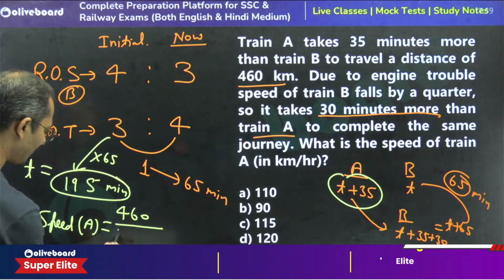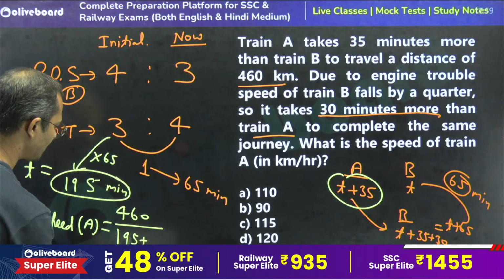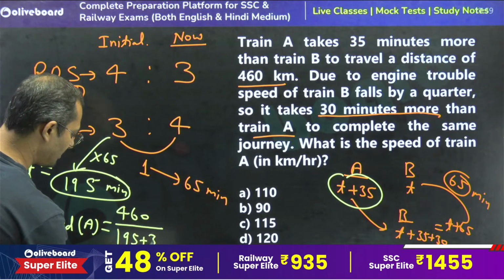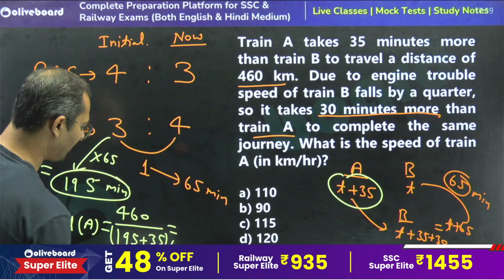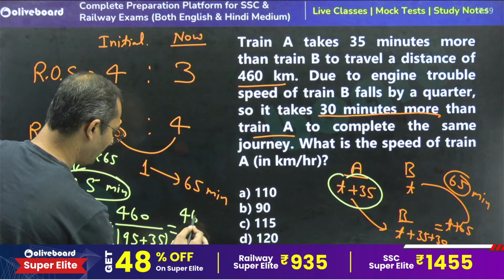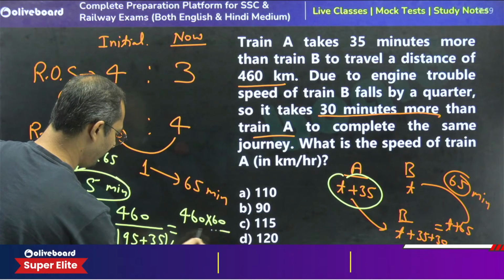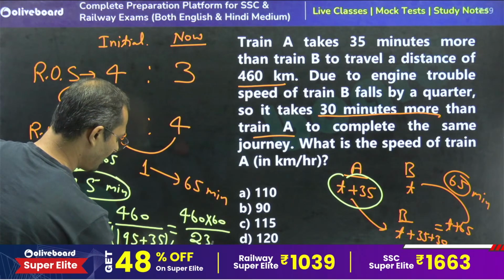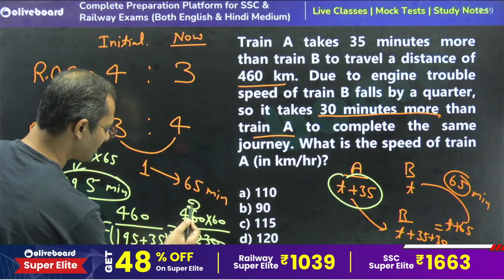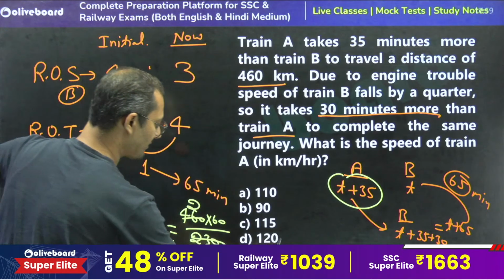So we can say 195 plus 35, this is in minutes, so divided by 60. So after calculating we will get 460 into 60 divided by 230, so this is 2 times 2 into 60, so we will get 120.